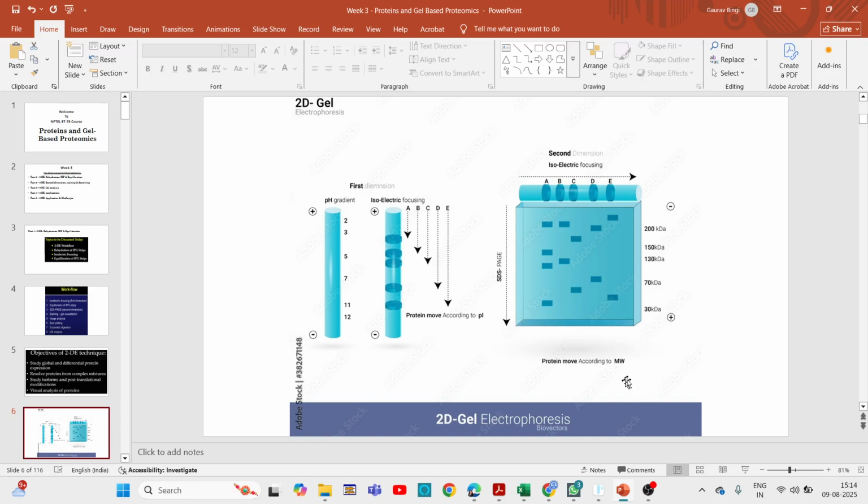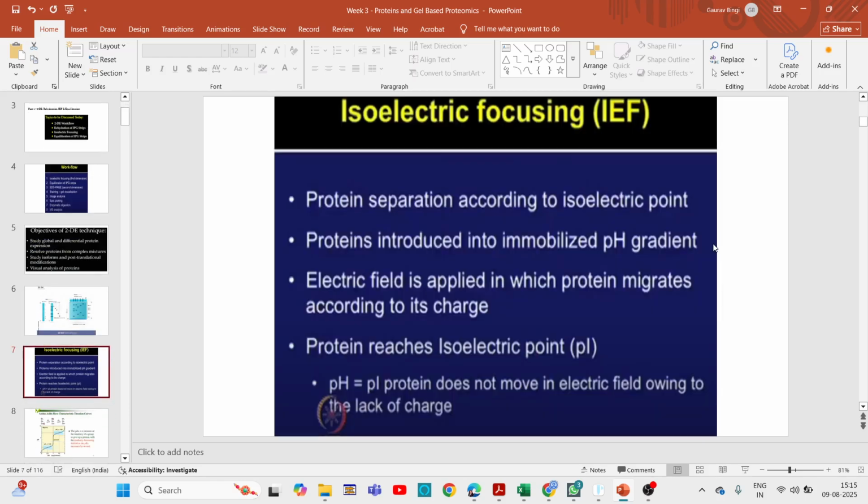Here the separation is on the basis of molecular weight, and here the separation is on the basis of isoelectric point. So this is, in an overall broad picture, what 2D gel electrophoresis is. Once this is separated, then you will be doing staining, destaining, image analysis, mass spec, etc. So this is the experimental part. Then later it will be the more analysis part.